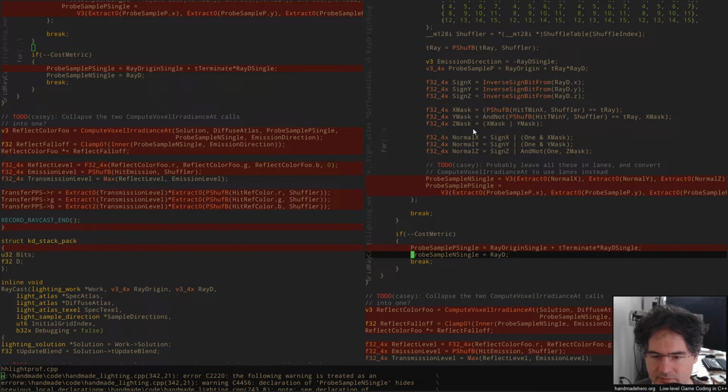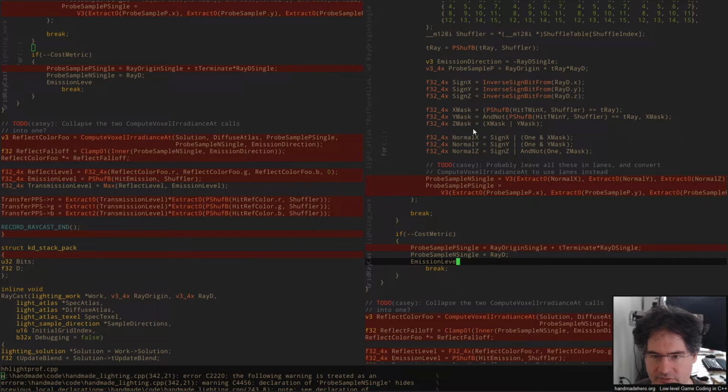And then in terms of the probe sampling and the emission direction, which is the other one we need here, that's going to be negative rad single as well. We're always sampling that back bounce, so in either of these two cases we're going to be doing something like this.